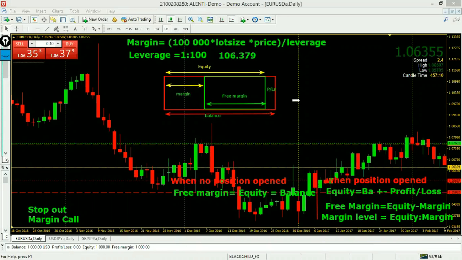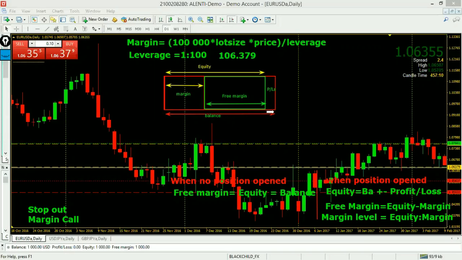So just to give a visual demonstration of what I'm trying to explain, about equity, margin, free margin, balance, and your profit and loss. When you initially have no position open, your balance will be from here to there.